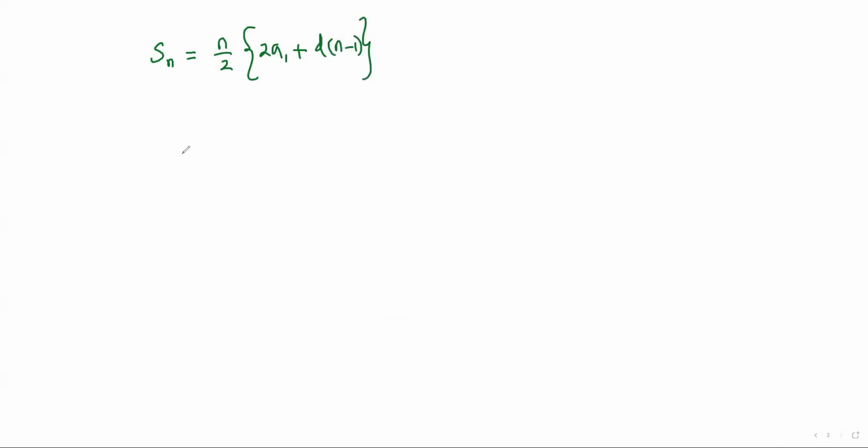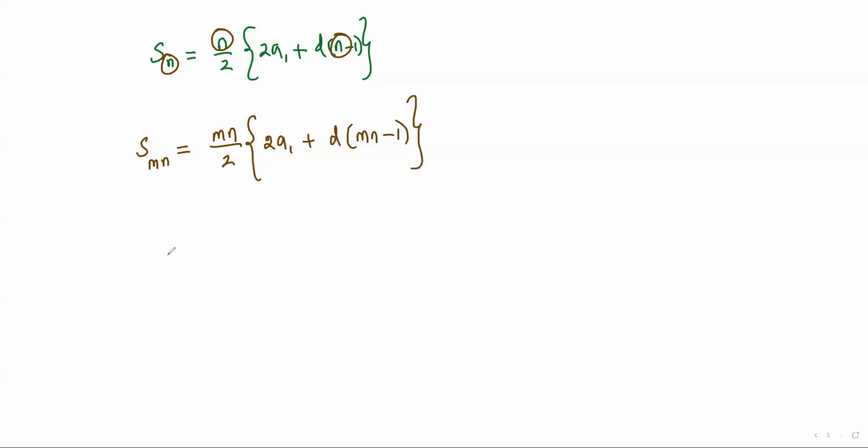Okay, here this is a formula to find the sum of first n terms. But in our problem, the target of the question is to find the sum of first mn terms. So you have to replace this n, this n, this n by mn. So S_mn is equal to mn over 2 times (2 a1 plus d times (mn minus 1)).